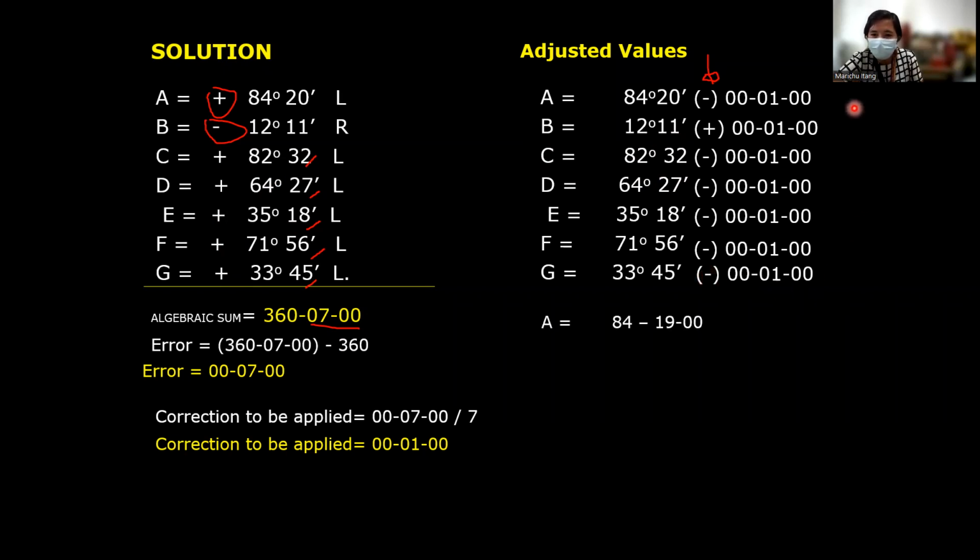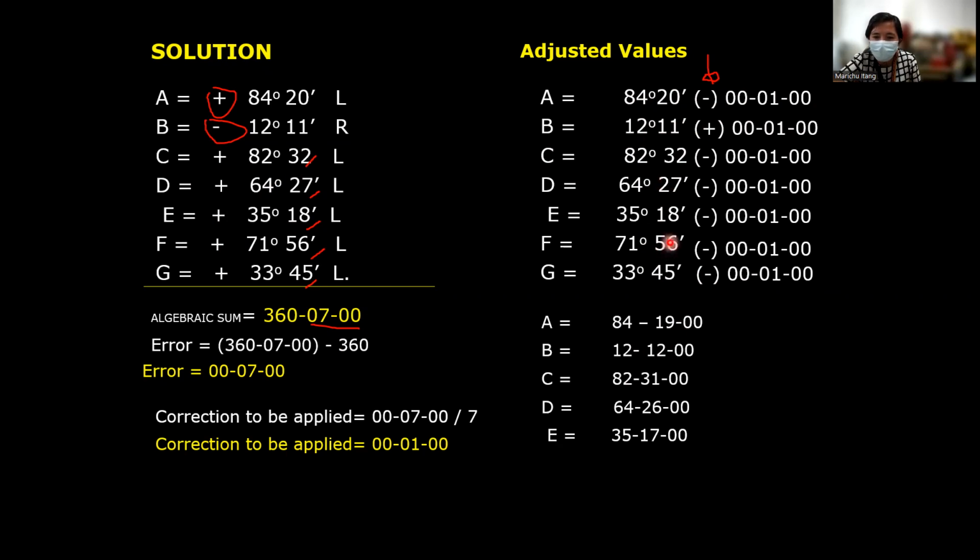So then you get the sum. This will become 84 19, right? If you add 12 degrees 11 minutes with 1 minute, this will become 12 degrees 12 minutes. Letter C, minus 1 minute, that is 31. Minus 1 minute, that is 26. Minus 1 minute, that is 17.